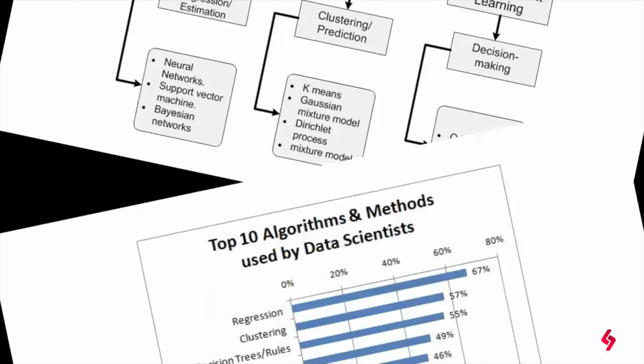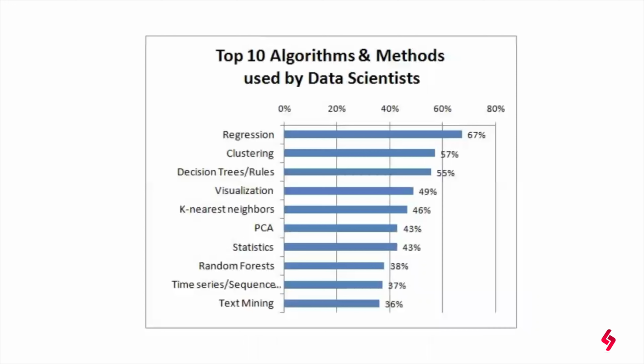Coming to the point here, as per recent studies, the top 10 algorithms and methods used by data scientists. Of course, regression is the most used for problem statements. It is a survey conducted by KDnuggets, and other organizations also conducted one, and data scientists are giving this answer.